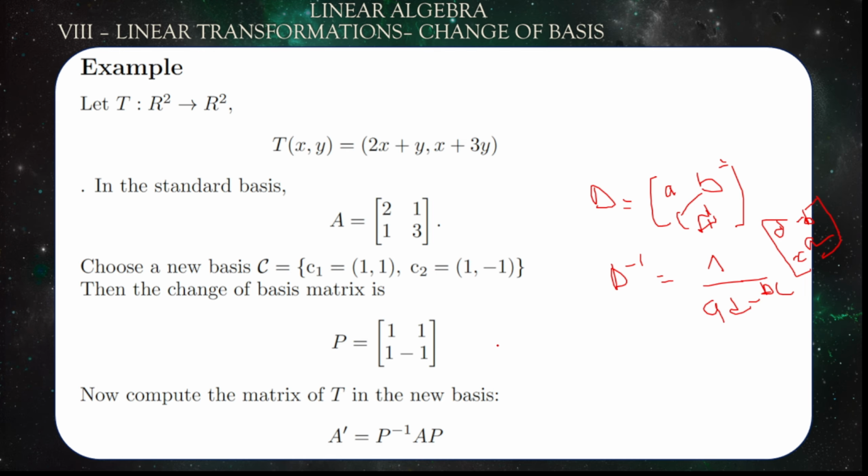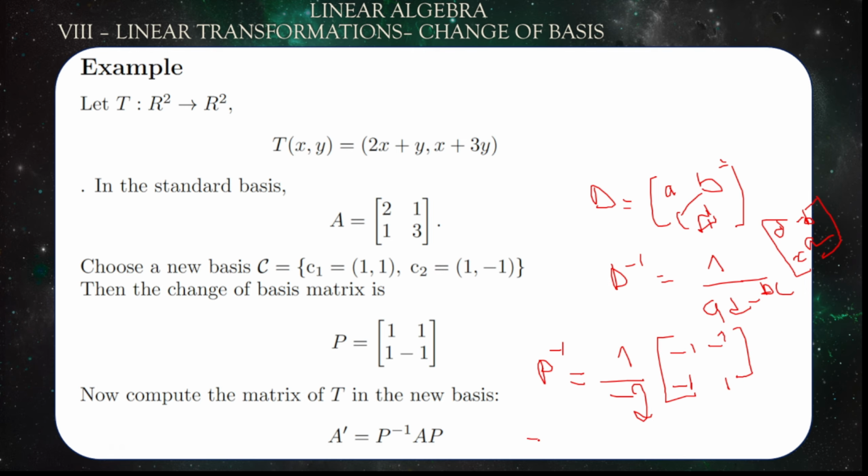So in such case, P minus 1 is 1 divided by minus 2, multiplied by the matrix where you interchange 1 and minus 1, so minus 1, 1, and you multiply B and C by minus, so minus 1, minus 1.